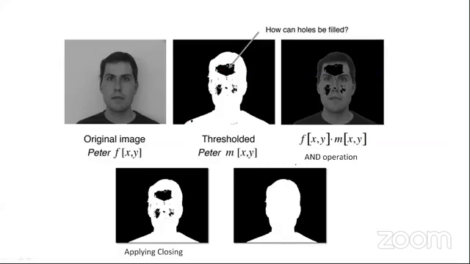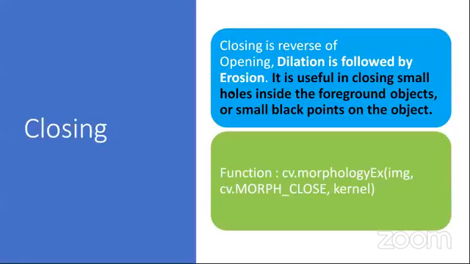But after the dilation, you will see the thickness of this white region also decreases, so you need to increase it. That's why you need to perform the erosion. So we will perform the closing here. Closing is just first we dilate the image, then we erode.